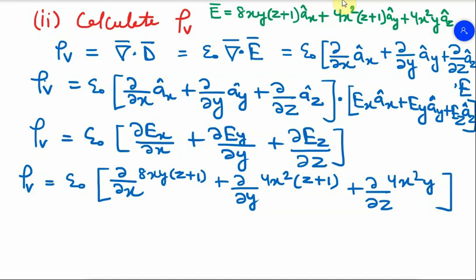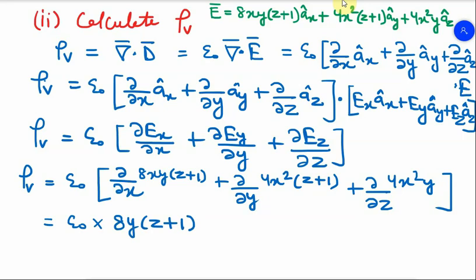The second term has to be differentiated with respect to y, but there is no term of y, so it will be 0. Again the third has to be differentiated with respect to z, but there is no term of z, so it is also 0. So only the first differentiation is carried out, and with respect to x it gives epsilon 0 times 8y into (z plus 1).